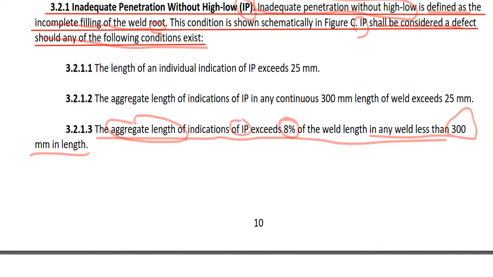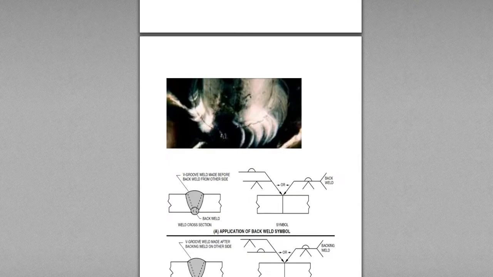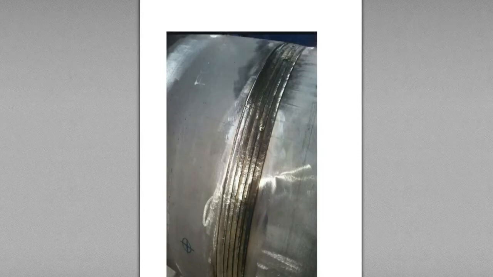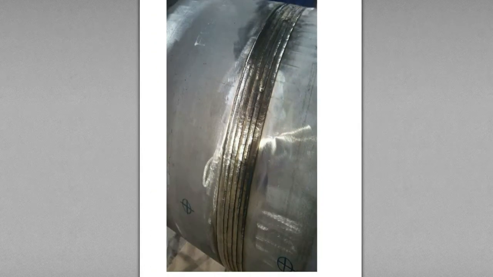So for example, here we have a pipeline weld, and IP is not able to be figured out here outside of the surface but inside the surface.